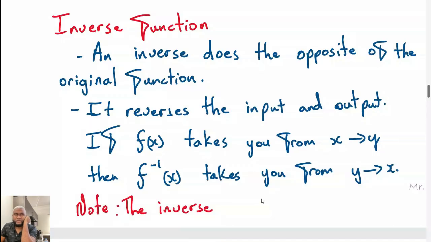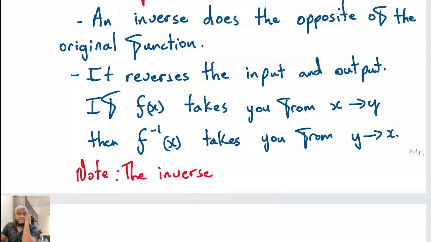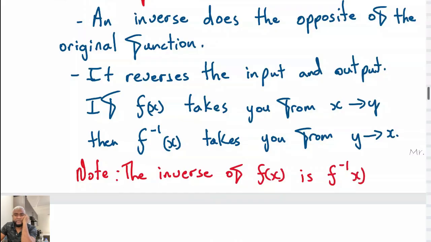I think I was just supposed to write the note. Right, so the inverse function does the opposite of the original function, right? It reverses the input and output. If f of x takes you from x to y, then f negative 1 of x takes you from y to x, right? So the inverse of f of x is f negative 1 of x, right?